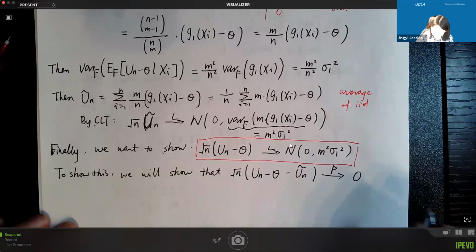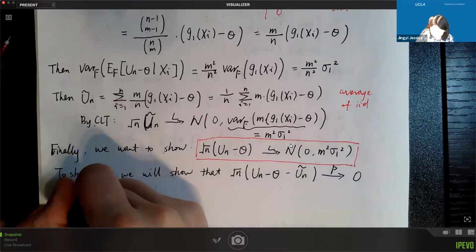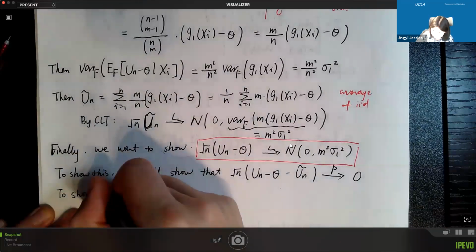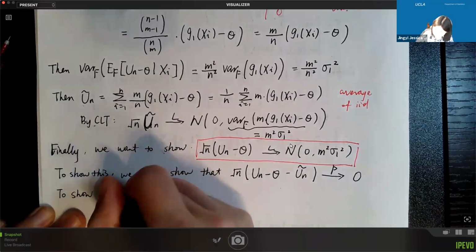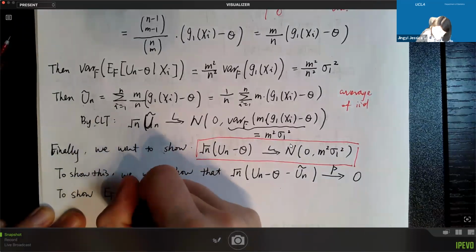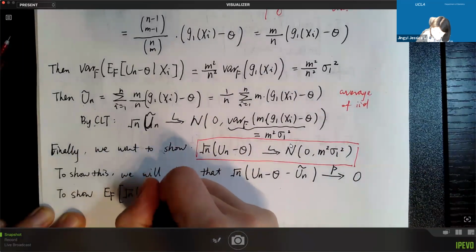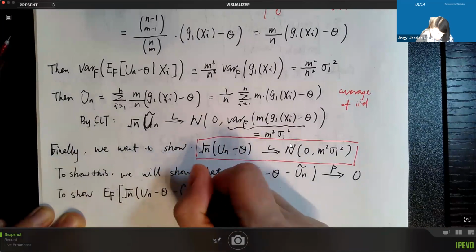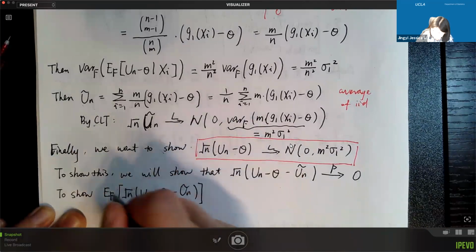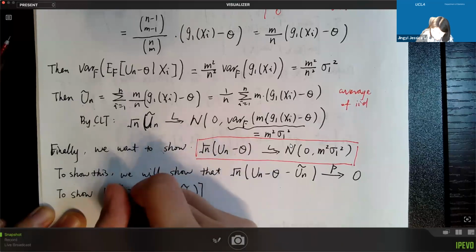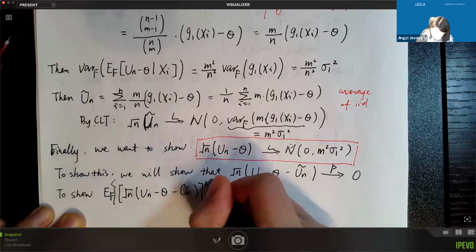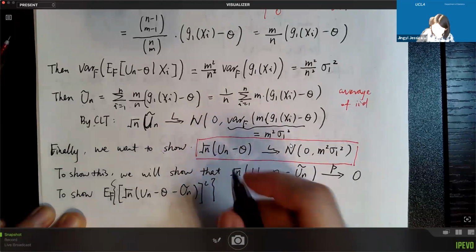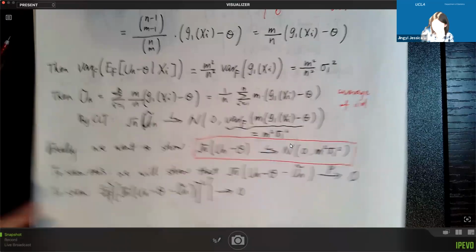So it is sufficient to show that the expectation of the square of root n times (Un minus theta minus Un tilde) is going down to 0.